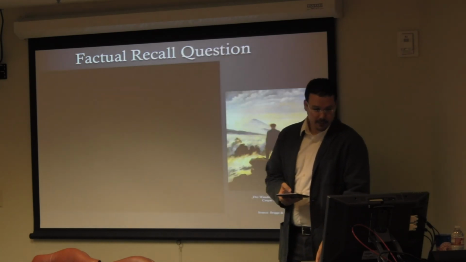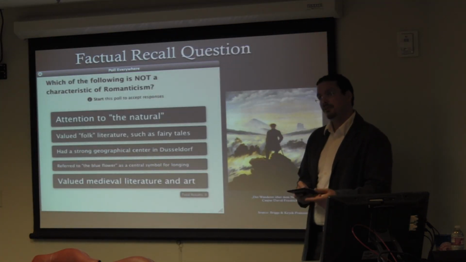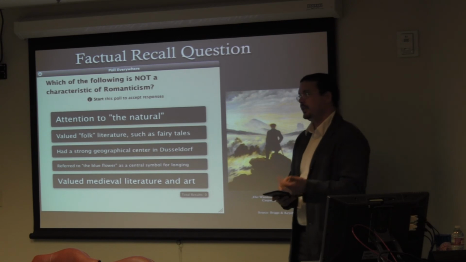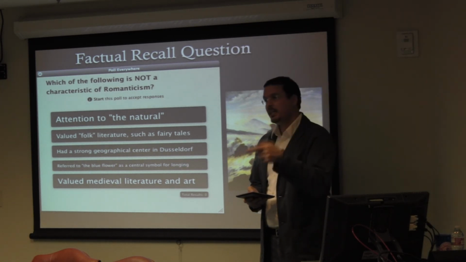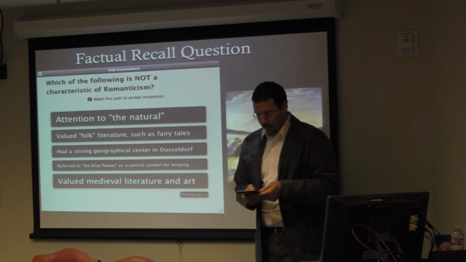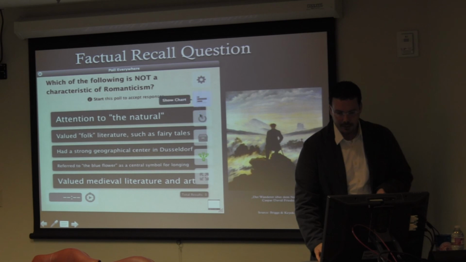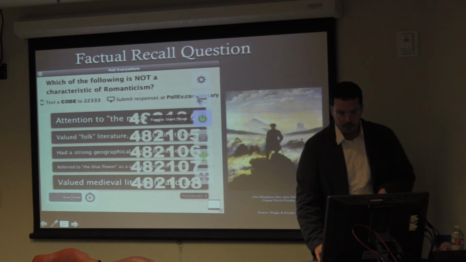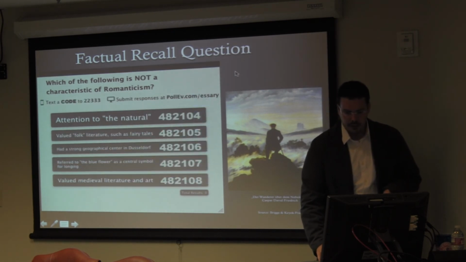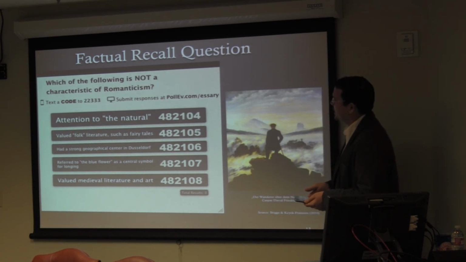So I'm going to breeze through these and give some examples of different types of clicker questions that you could use in your classroom. And many of these are mentioned on the handouts that you have in front of you. So for example, some of the easiest ones are factual recall questions. Which of the following is not a characteristic of Romanticism?